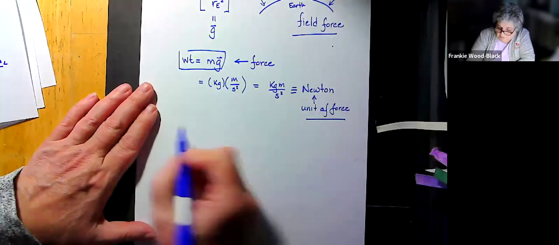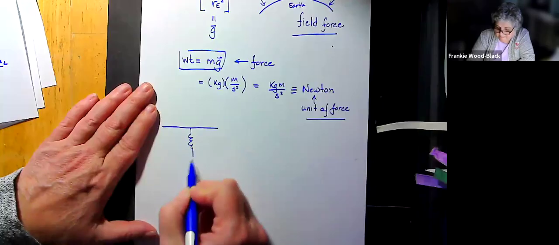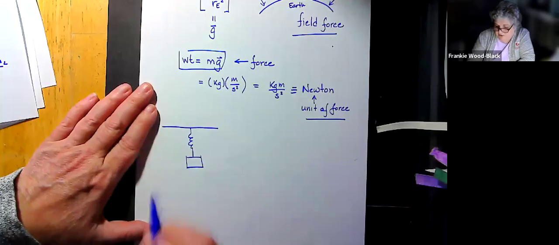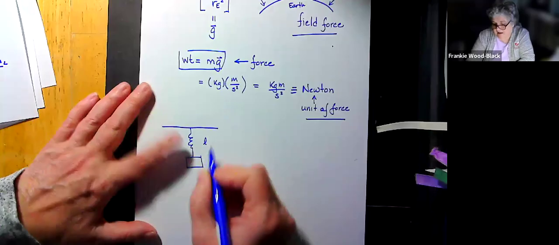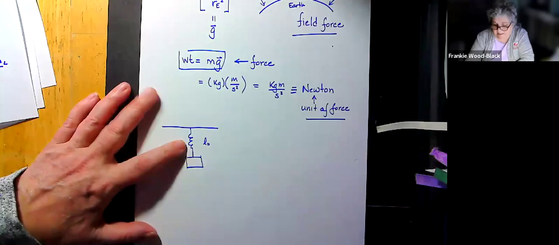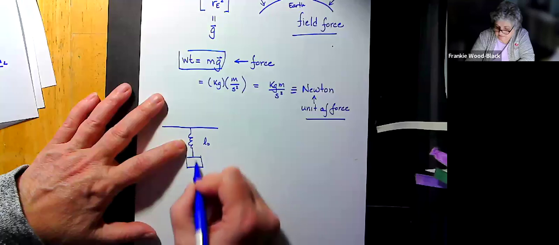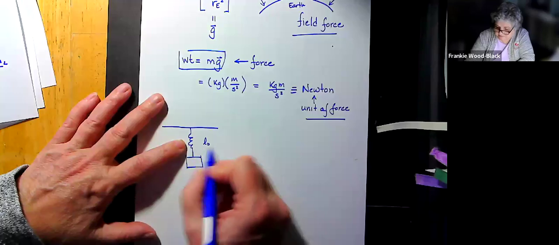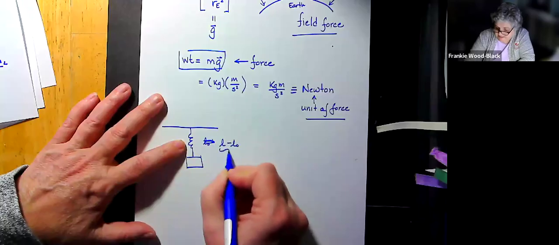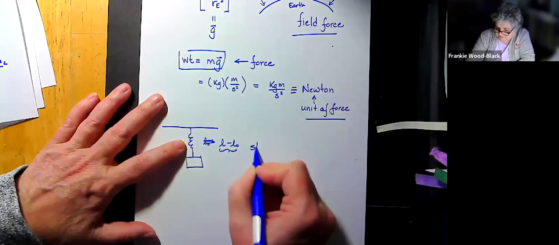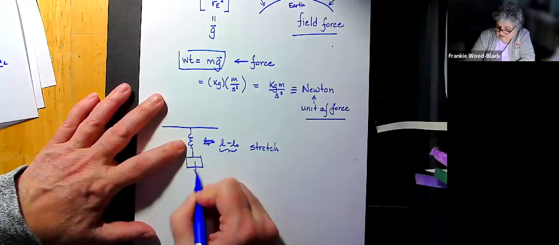We want to do one more thing, and this is going to be Hooke's law. And basically what Hooke's law says is that if I start with a spring and then I put a mass on it and I get a stretch, this is my stretch, and this is my weight.